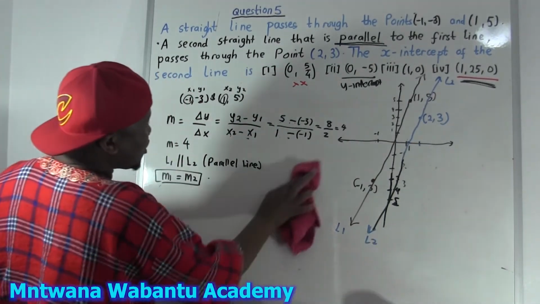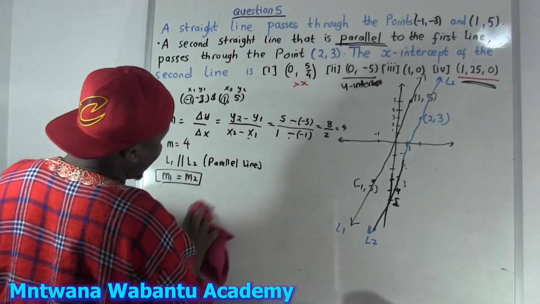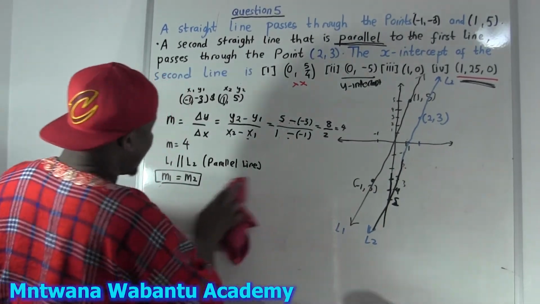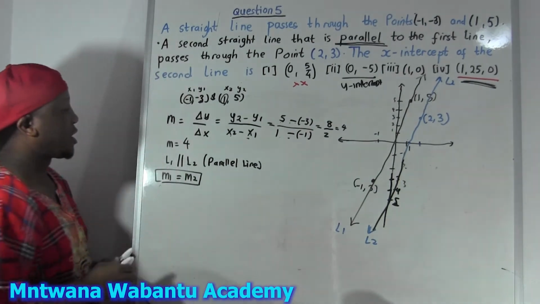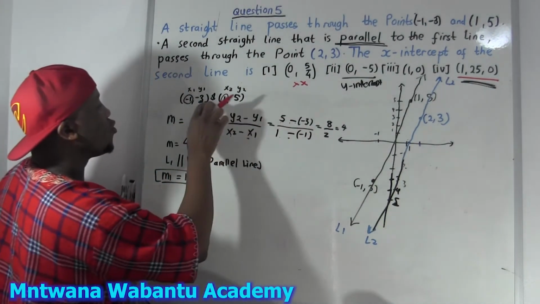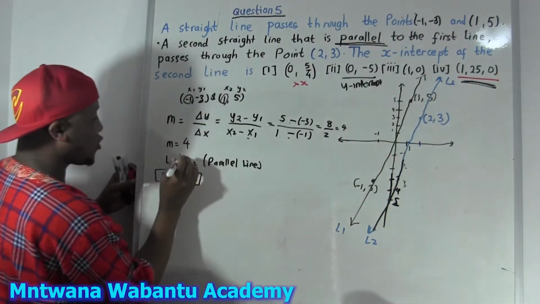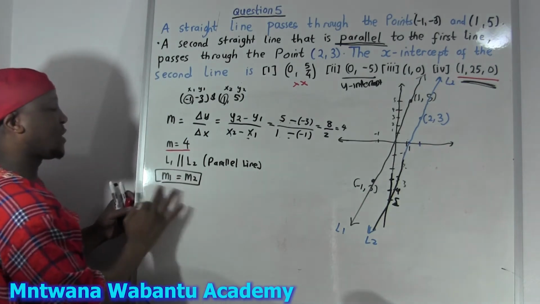Let's say find the equation of line 1 and get all the intercepts of line 1, for example. Remember, I already got the slope of line 1, which equals 4.